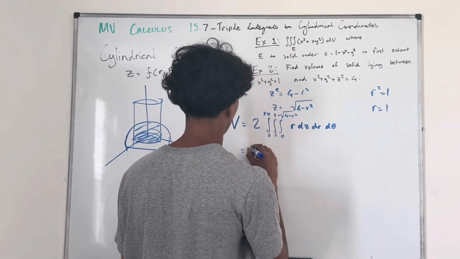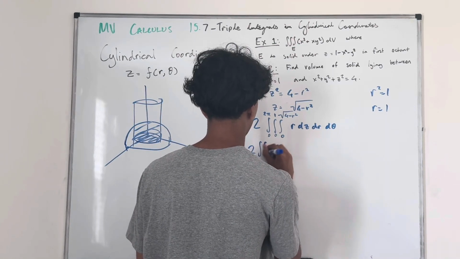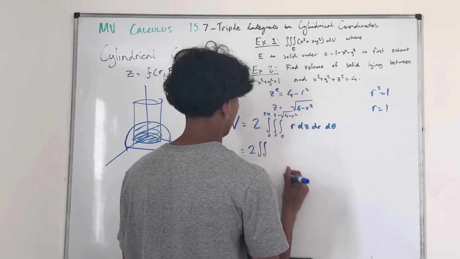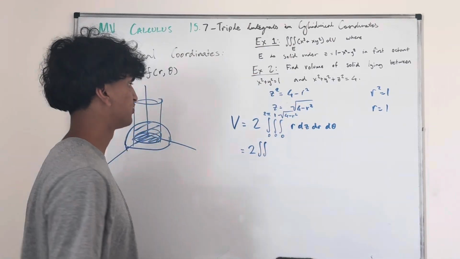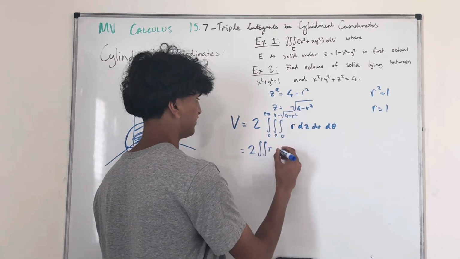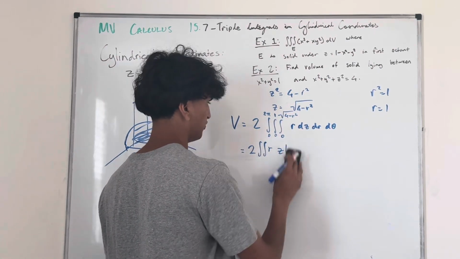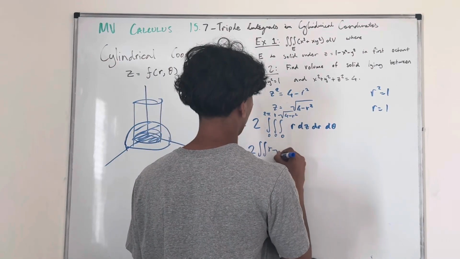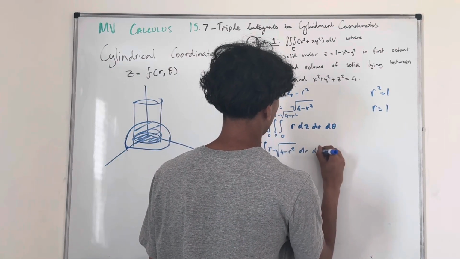So I'm doing 2 times the integral of r dz. There's no z in here, so this would just end up being r times, in the same example where I'm doing z from the top surface to the bottom surface, square root of 4 minus r squared dr d theta.